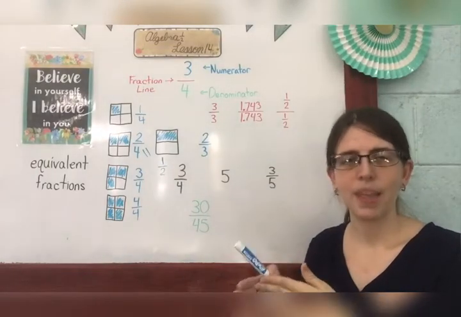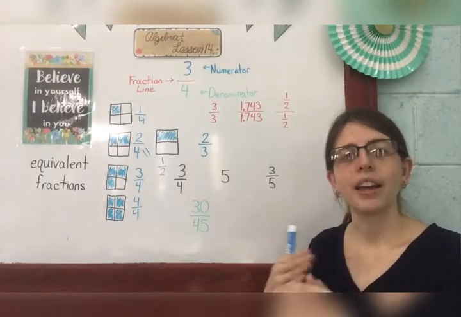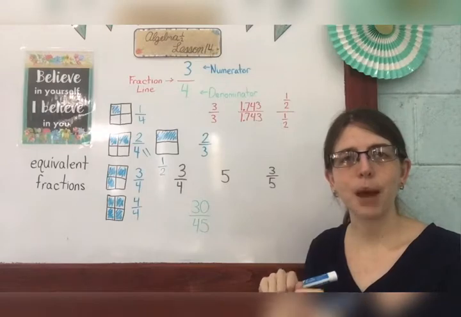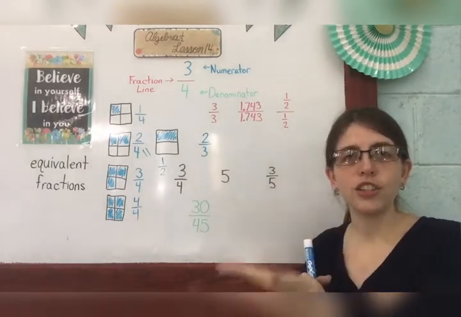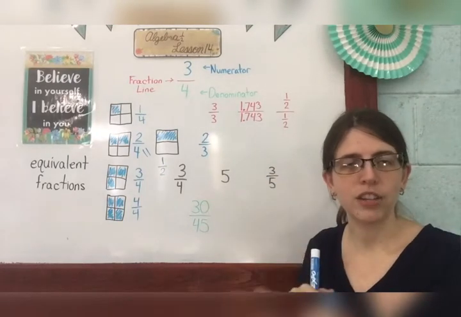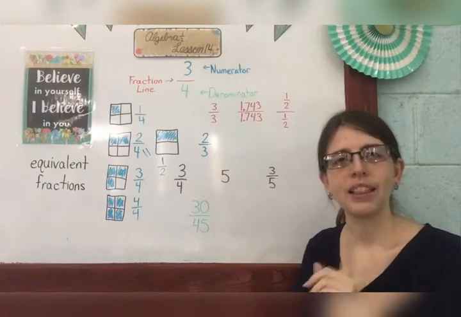Let me say that again. If I multiply or divide a fraction by another fraction that has the same number in the numerator and in the denominator, I change the numbers in my fraction, so I change the name of my fraction, but not the value of my fraction. Let me show you why.